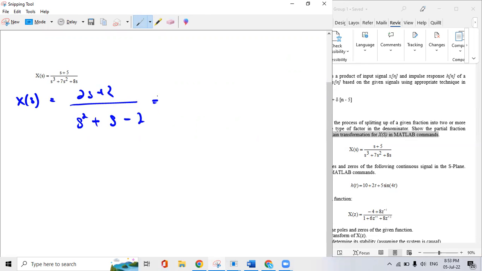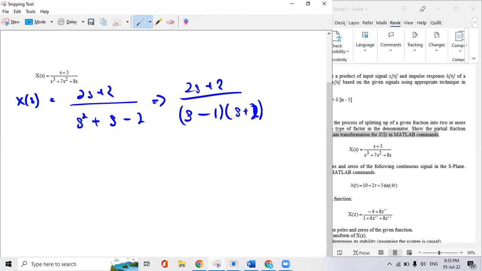Okay, so it would be something similar to s minus 1 times s plus 2. So s minus 1, we multiply it, we will have negative 1s, and then plus 2s, we will have positive s, and negative 1 multiplied by 2 becomes negative 2. So s multiplied by s becomes s squared.